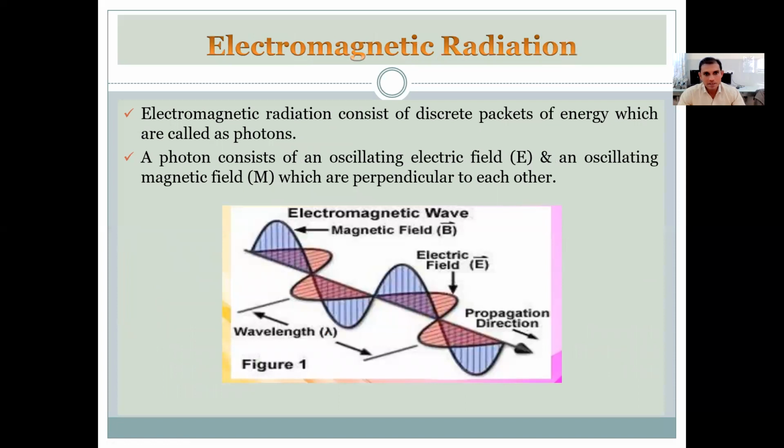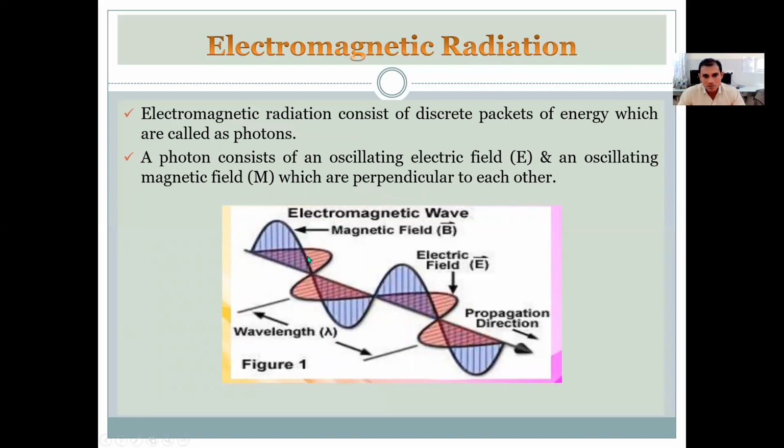Now, what is electromagnetic radiation? Electromagnetic radiation consists of discrete packets of energy called photons. A photon consists of an oscillating electric field and an oscillating magnetic field, which are perpendicular to each other. Here it is presented diagrammatically.